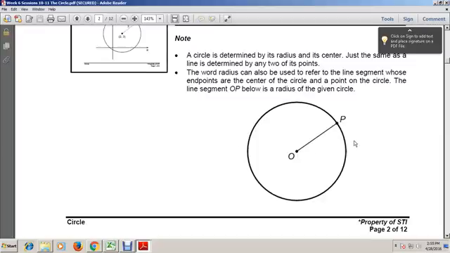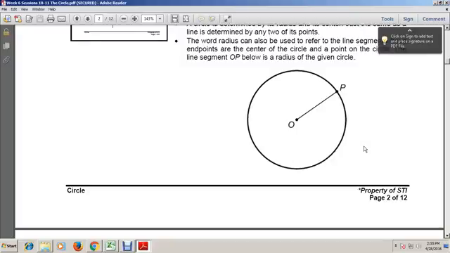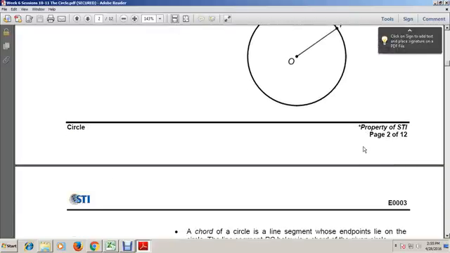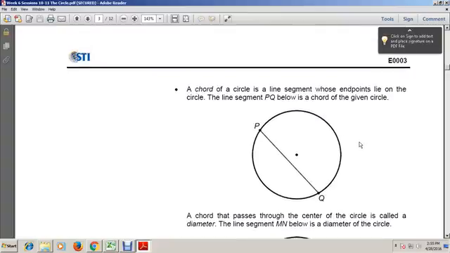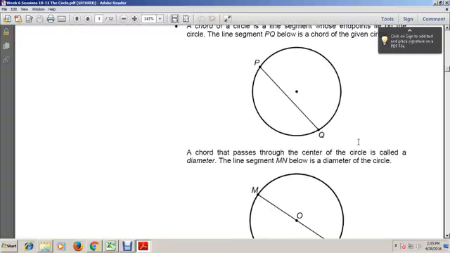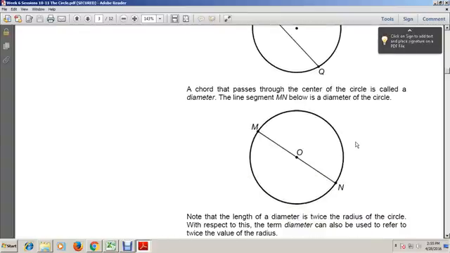Common terms that we will eventually encounter are the chord and the diameter. Let me first define the diameter. The diameter is more commonly known as compared to a chord. So let's first discuss the definition of the diameter.